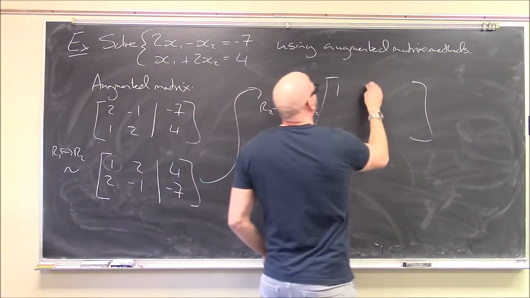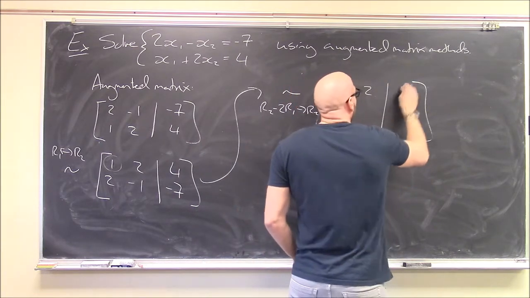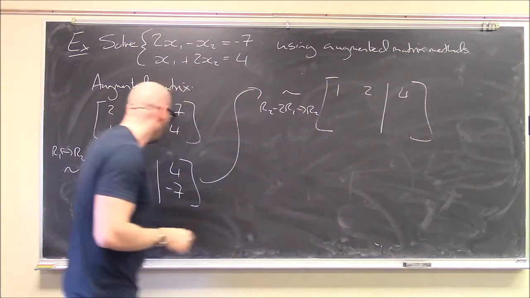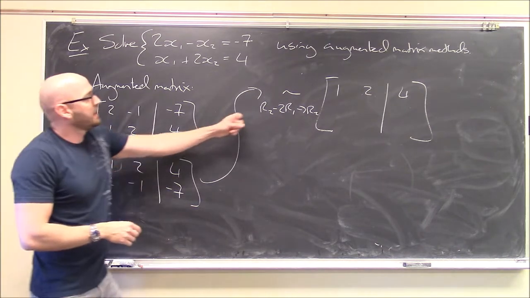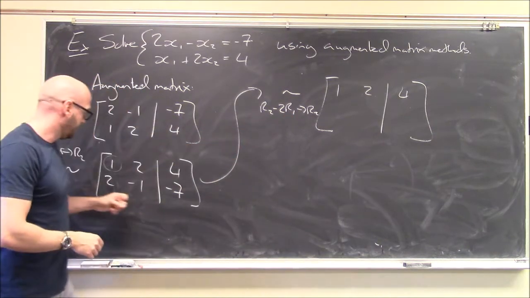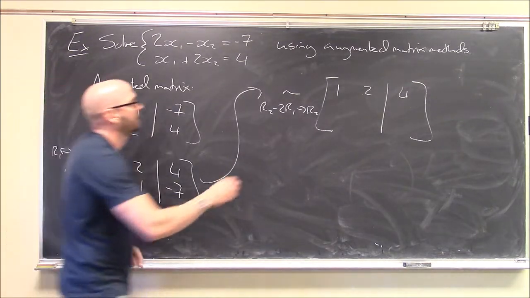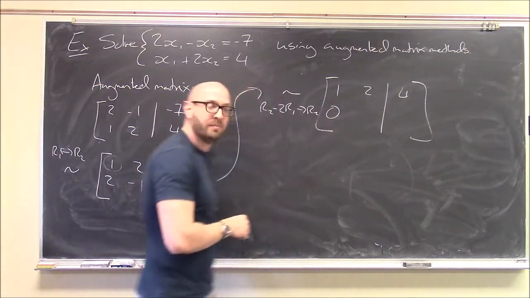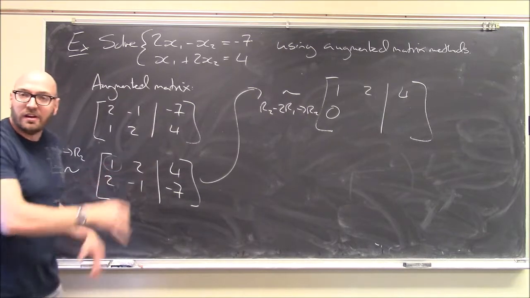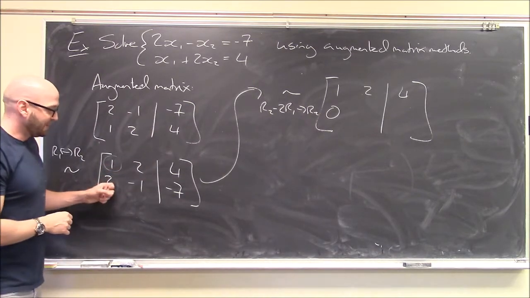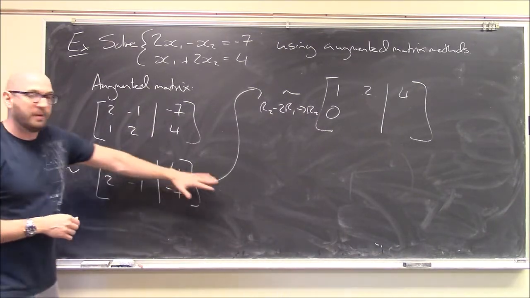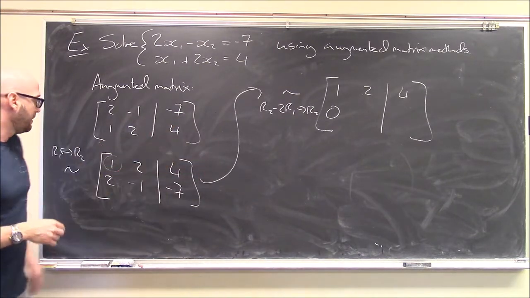This is still 1, 2, 4. But row 2, I'm subtracting twice row 1 from it. So 2 minus 2 times 1 is 0, just like I wanted. If I don't have a 0 right there, I'm not doing what I want, because that's my goal, to put a 0 right there. And whatever happens to the rest of it is whatever happens.